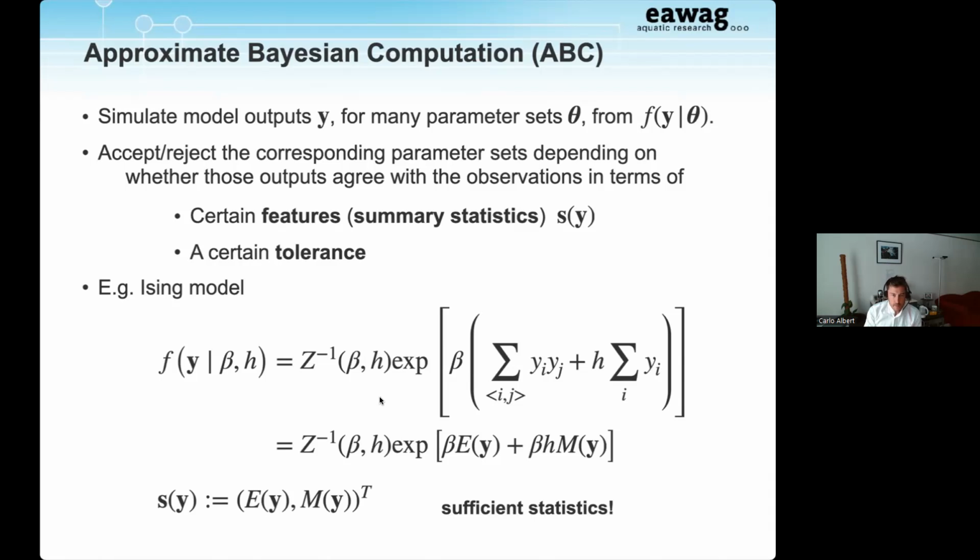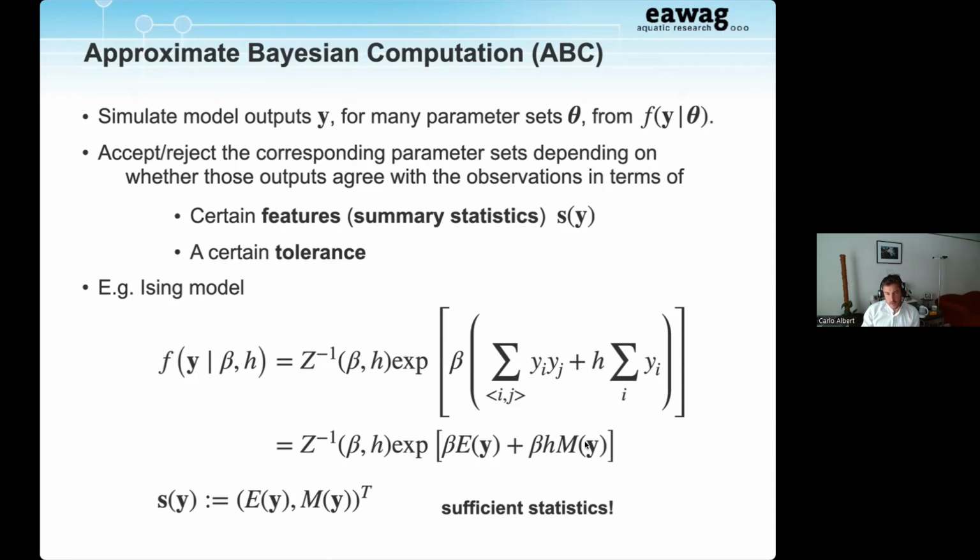So here's a simple example. The Ising model, of course, is a member of the exponential family, and it is manifest here that all we ever need to know about these simulations is energy and magnetization if you want to infer temperature and magnetic field.